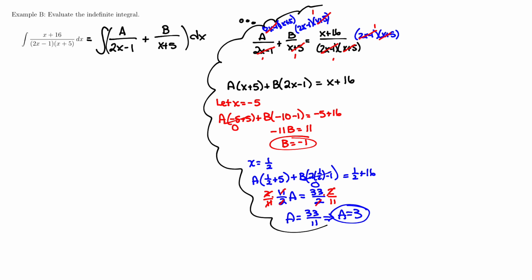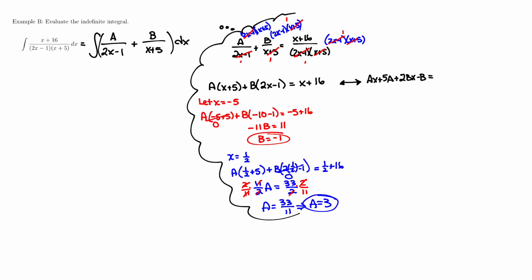Yeah. So if you had instead decided to do it the way AK likes to do it, you would get ax plus 5a plus 2bx minus b equals x plus 16. You notice you have a plus 2b times x, and then 5a minus b.